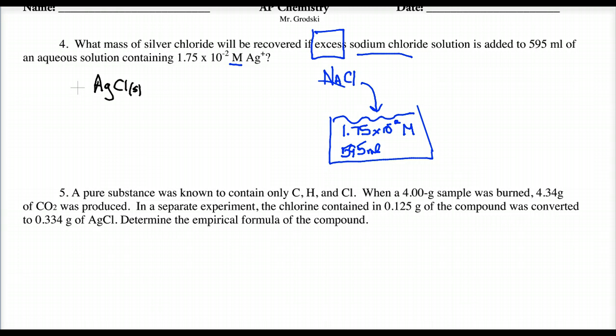Clearly what we're doing here is adding chloride ions, because sodium chloride breaks apart into Na plus and Cl negative. So we're adding chloride ions into a mixture that already has silver ions, and we're going to precipitate it out. The question is, what mass of silver chloride recovered?